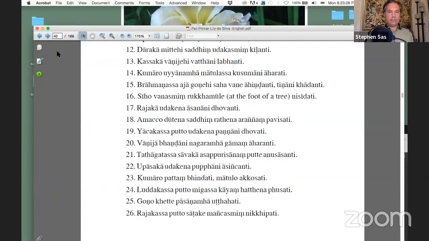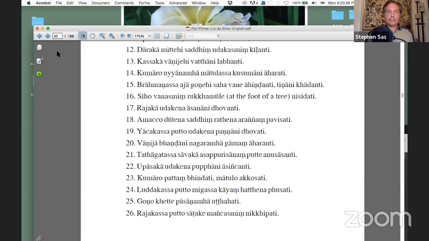My question to you is, gamang, is that accusative singular or dative singular? It should be accusative singular. And remember that generally, most often, verbs of motion like bringing will take the accusative case as their destination. So it should be accusative.